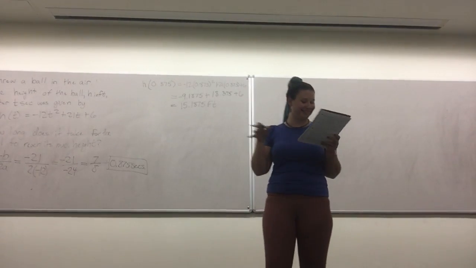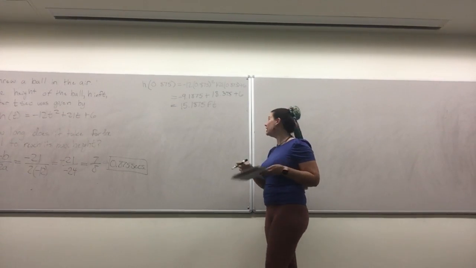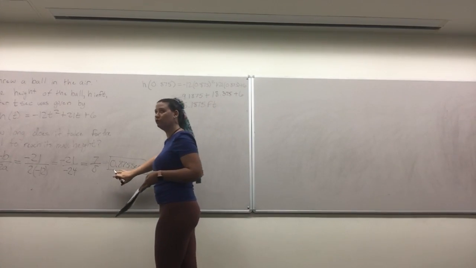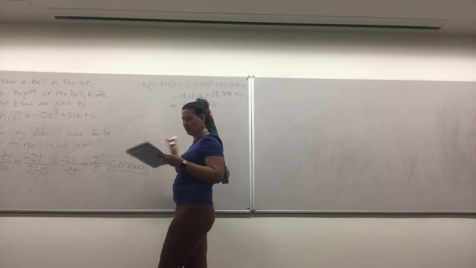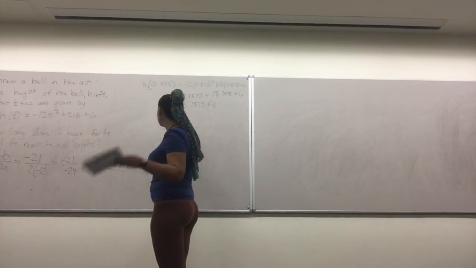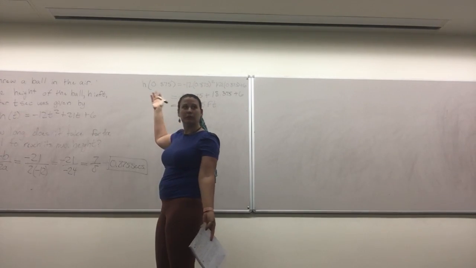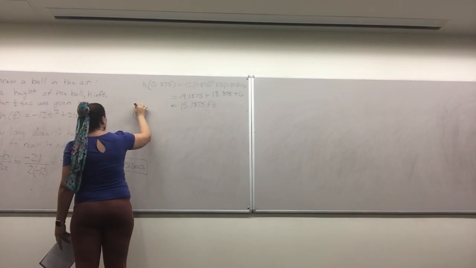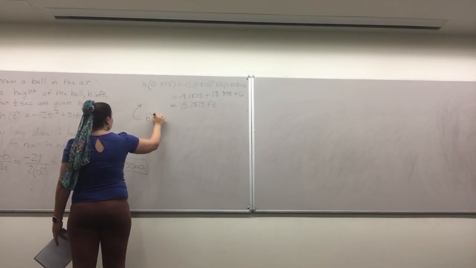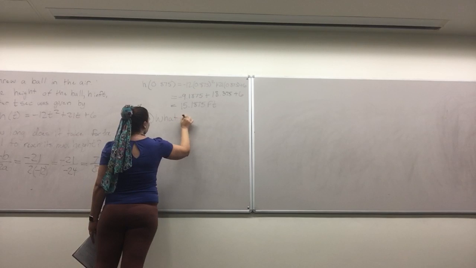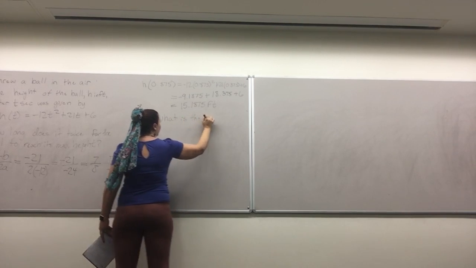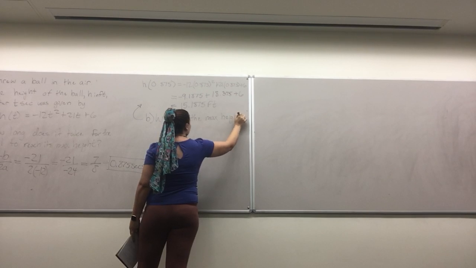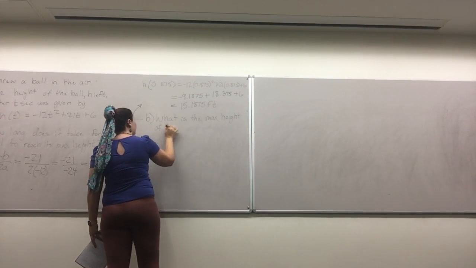So 15.1875 is the actual height, and that is how long it took to get to the height. Now for B, we want to know what is the maximum height of the ball. Well, we already did it, right?